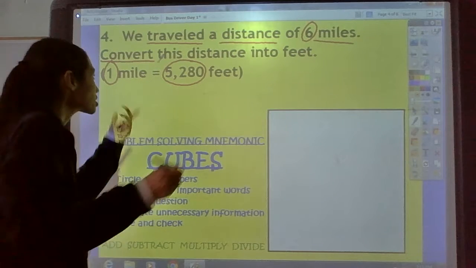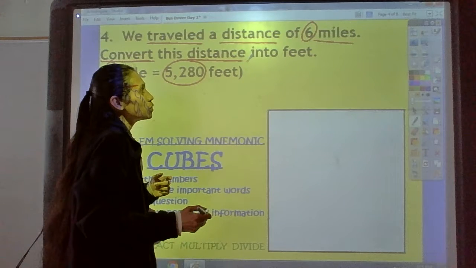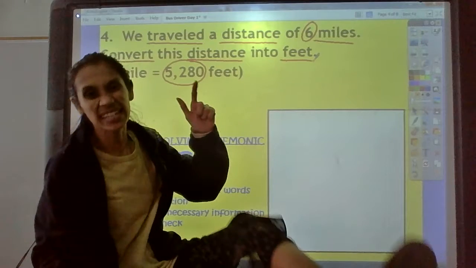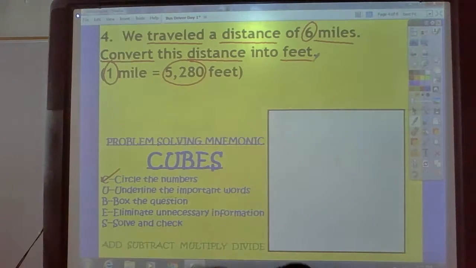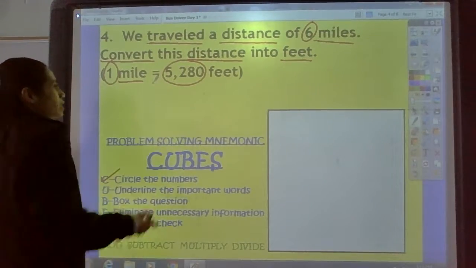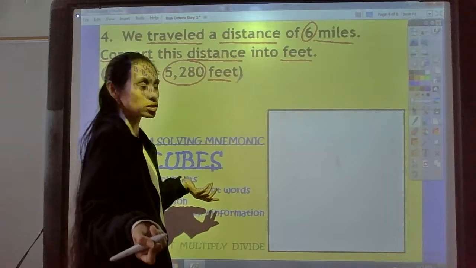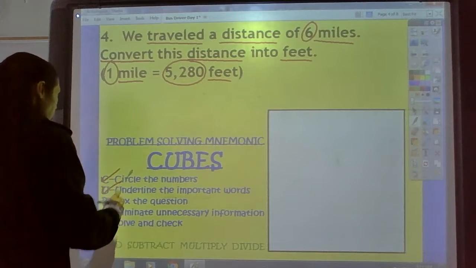And distance again right there. We have feet. Not those kind of feet, these kind of feet. And what else? Mile and feet. I think we have all the key words. Bam, done with that.